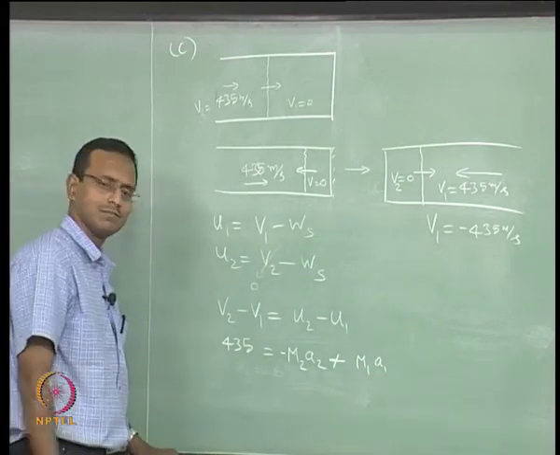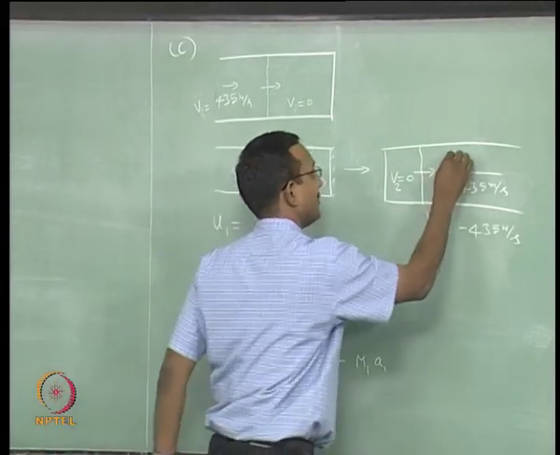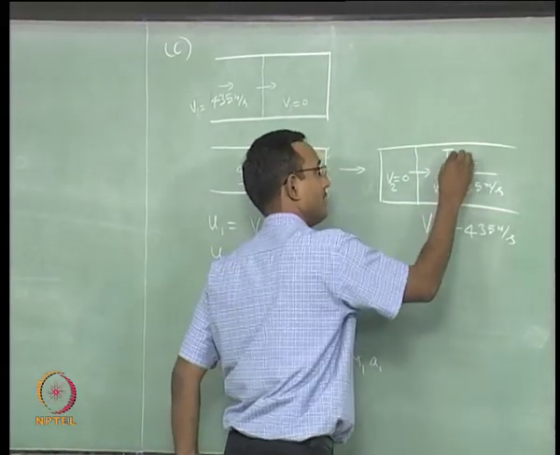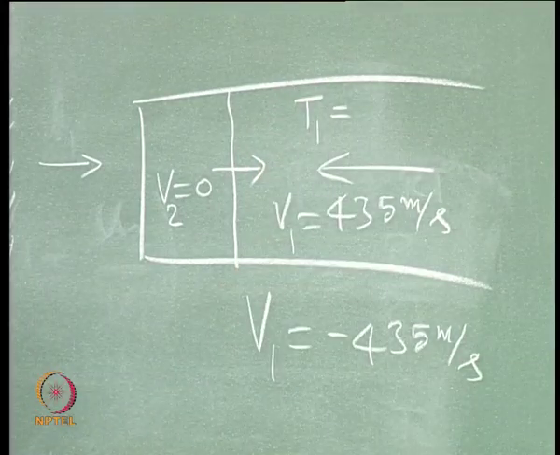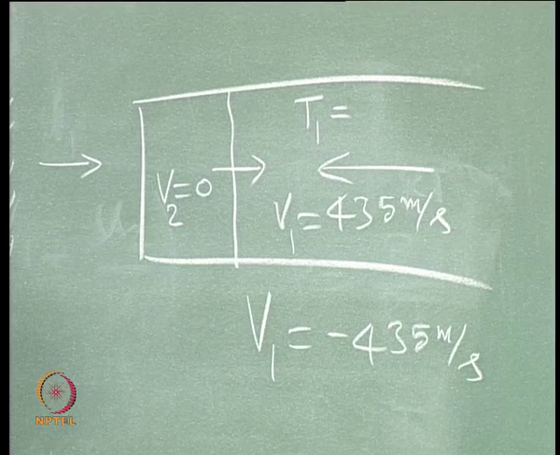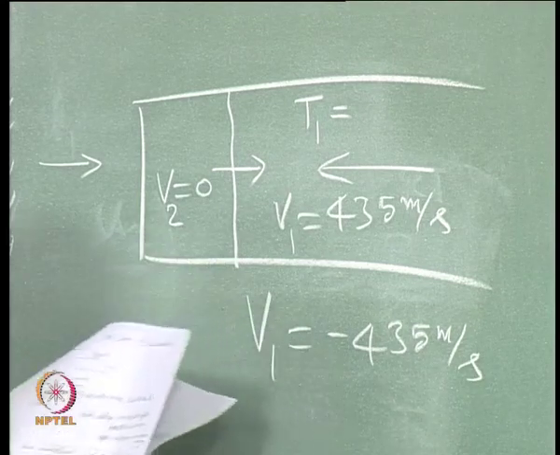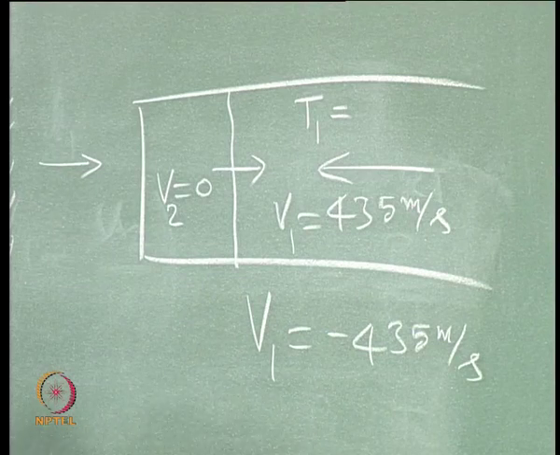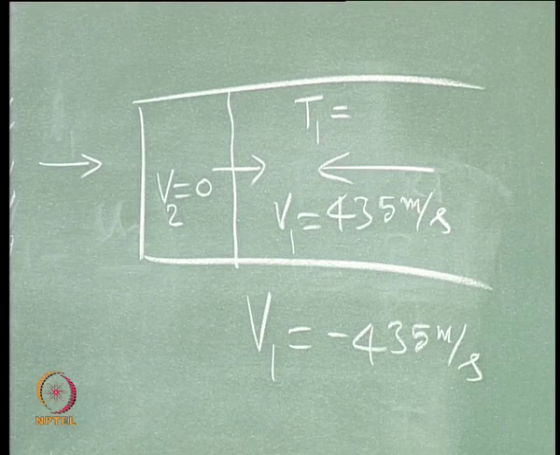Do I know A1? Yes, I know A1 because I found the temperature here. T2 by T1 was known, right? For problem A, T2 by T1 was I think 1.68, something like that. Oh, I did not give you that part of the problem. Anyway, I will just do it right now.